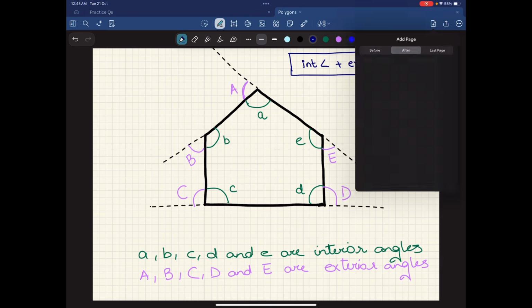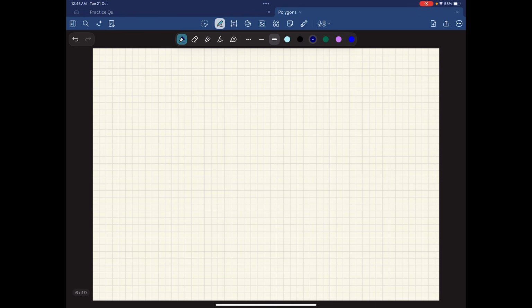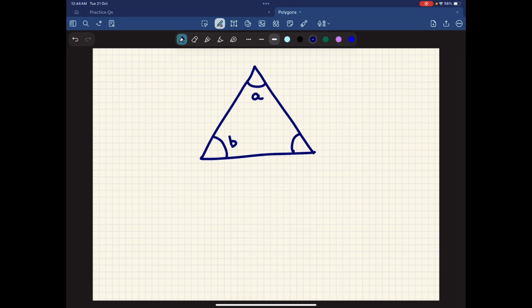Now, tell me, how many of you know what the sum of the interior angles of a triangle is? I'm sure all of us know that all the angles sum up to 180 degrees, right? What about a square?